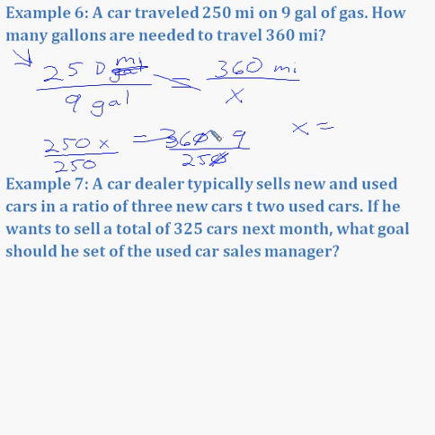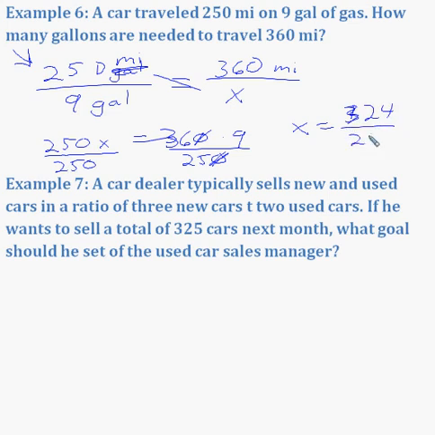So figuring that out, 10 reduces with these. 36 times 9 is 324.